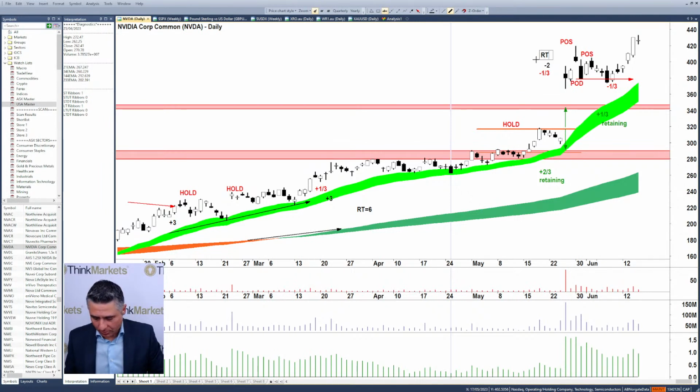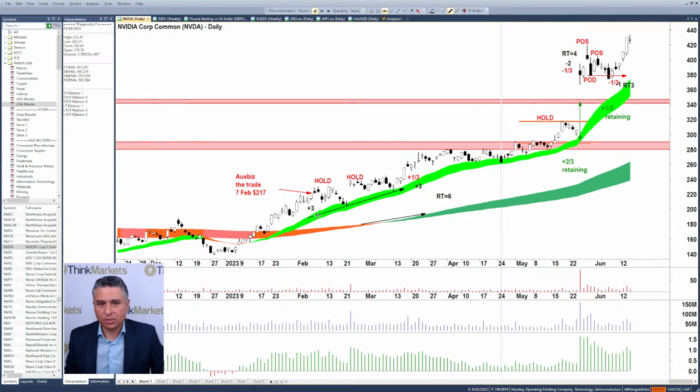So running total equals 4 shares of Nvidia. And then we get our next signal to sell here. Now we've got 4 shares. What's 1/3 of 4? Well, that's 1.333333 shares. You can round it up or round it down, do whatever you want. I'm going to round it down. So you're selling 1 share here, which gives you a running total of 3 shares, which, funnily enough, was the original position.